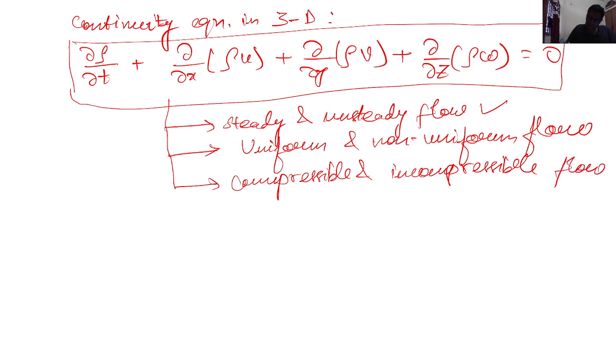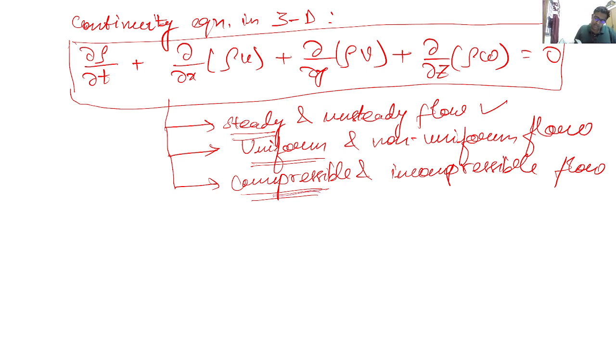So steady flow means that the parameters are not changing with respect to time. Uniform means it does not change with respect to the direction, and incompressible flow means that the density does not change.